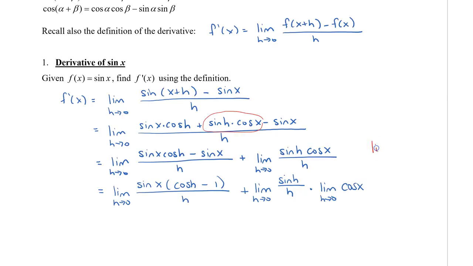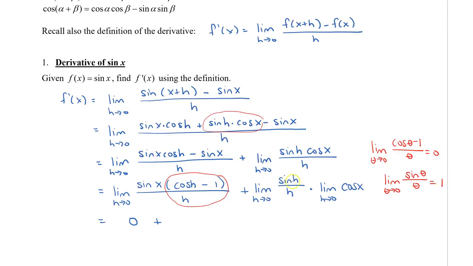Okay, so now we have to recall a couple of limits that we've done before. The limit as theta approaches 0 of cos theta minus 1 over theta is 0. So that means that this first limit will be 0, plus, and the other limit you need to recall is that the limit of sine theta over theta as theta approaches 0 is equal to 1.